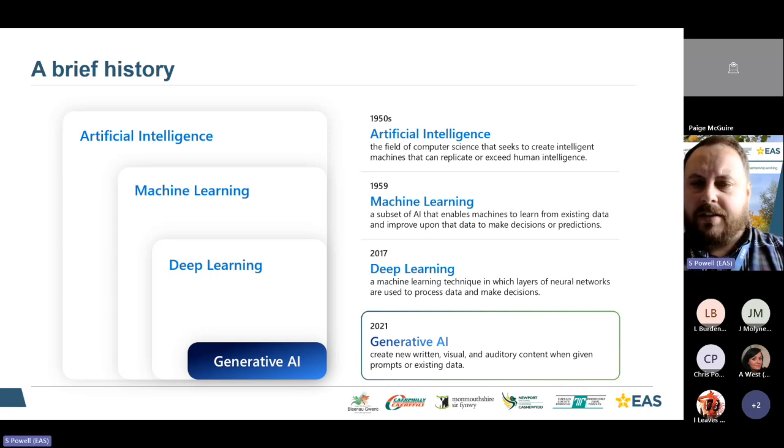In the 70s and 80s, AI research began to shift away from symbolic AI towards something called sub-symbolic AI, which involved using statistical methods and mathematical models to solve problems. Now, this shift was driven in part by the realization that symbolic AI was too complex and difficult to scale, to make bigger, and in part by the development of new computer hardware that made it possible to process large amounts of data quickly. In the 1990s and 2000s, AI research continued to evolve, and some of the new subfields that we know about today began to emerge.